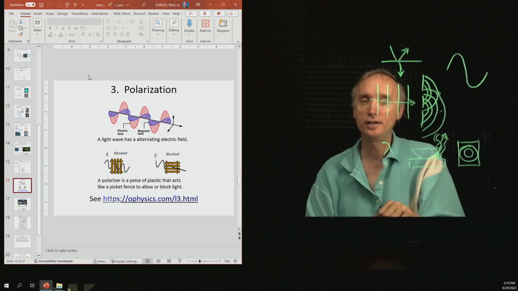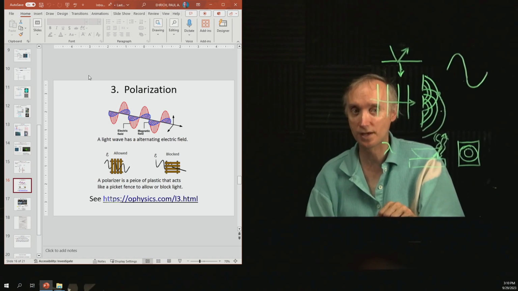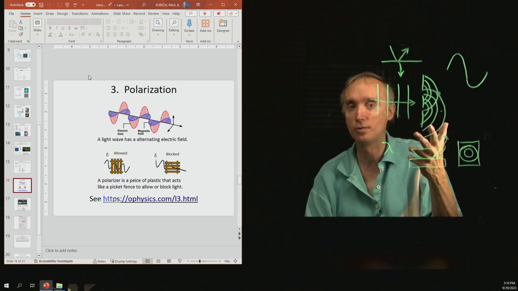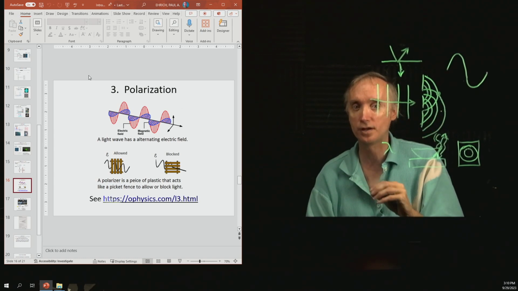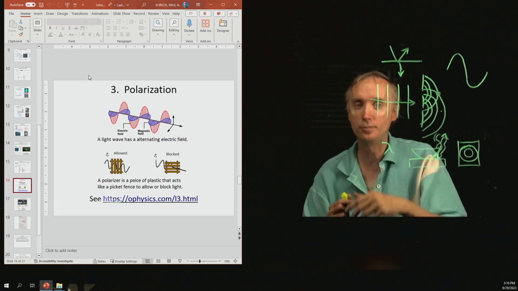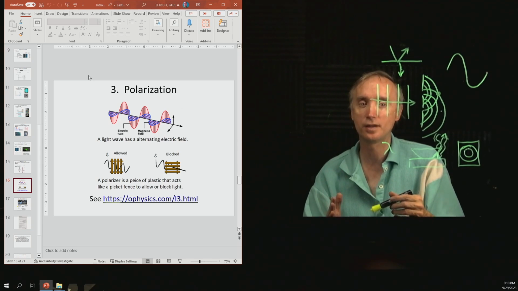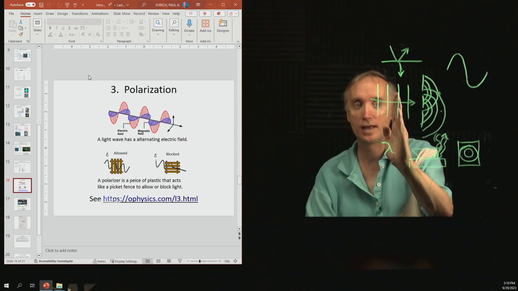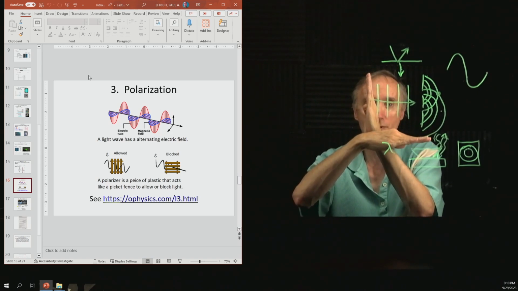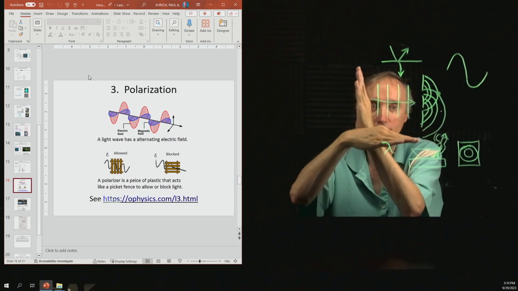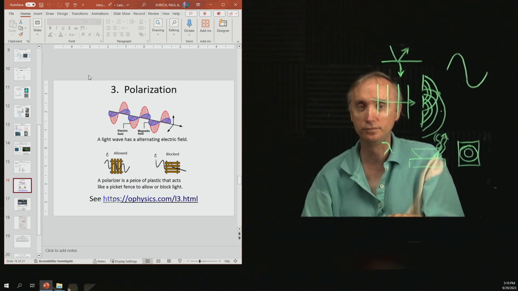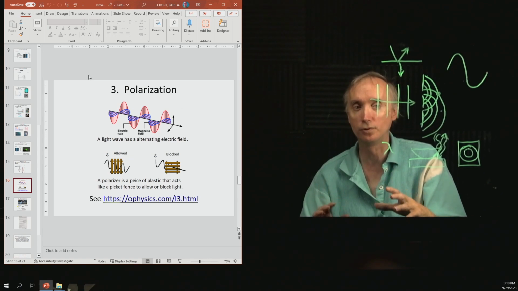Okay, and then our final thing was on polarization. So we did interference, we did diffraction, and now polarization. So how does polarization work? The top picture shows light, and we said that light had an electric field, and then there was a magnetic field that was always perpendicular to it, and it was going like this. The light that comes out of the sun is unpolarized.